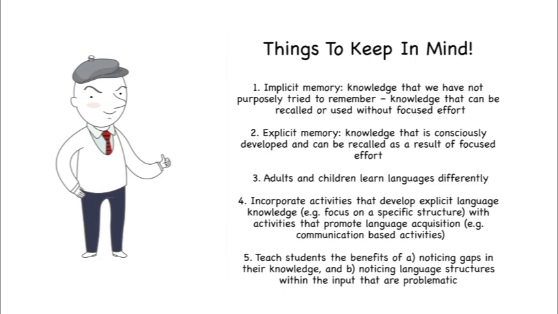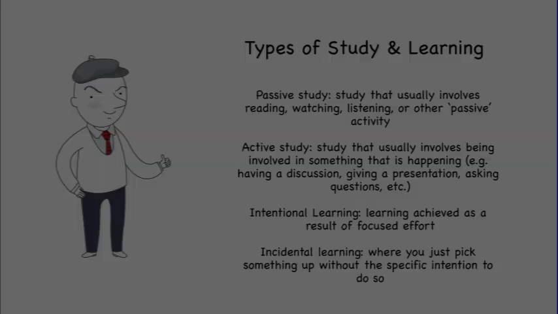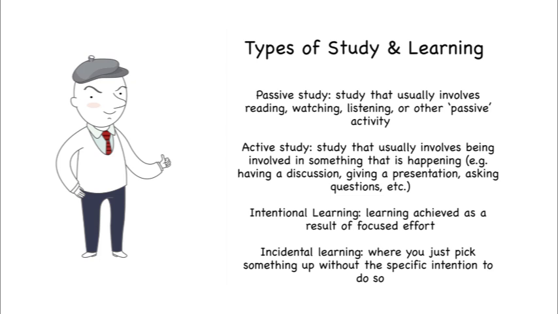This is where a teacher comes in, both in presenting structures and also teaching students how to notice things in their passive study away from the class. Now remember, passive study is study that you engage in when you're not really focused on learning. For example, watching TV or listening to a news report in the target language. You're engaging with the language, but you're not actually studying.